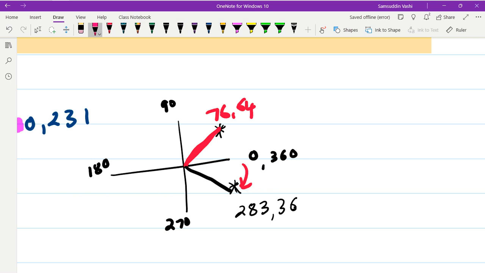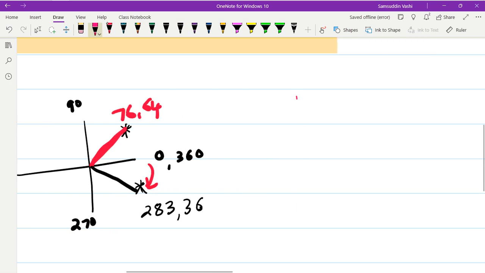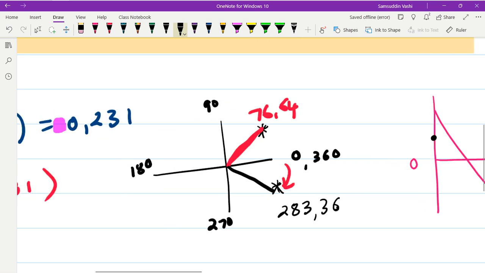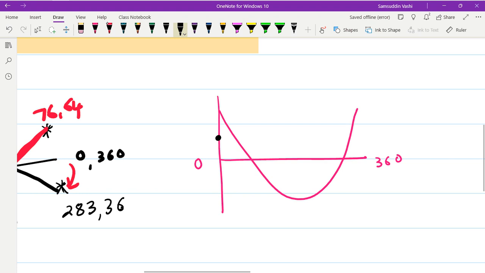If I compare this with my graph, that's 0, that's 360. The normal cosine graph is this. And for the cosine graph positive, if I'm taking any positive value, say 0.2, how many places am I getting that 0.2? 1 and 2.